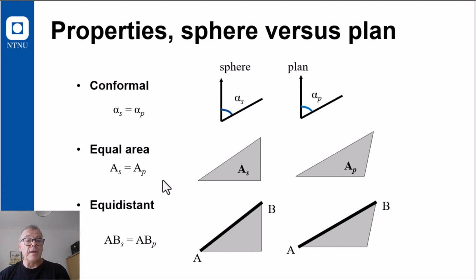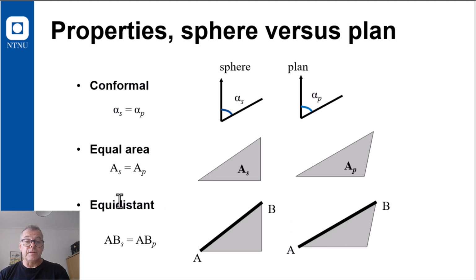Equal area means that an area measured on the sphere equals the same area measured on the map. And the equidistance property means that if you measure a distance between point A and B on a spherical surface, the same distance you will measure between the 2 points on a map.